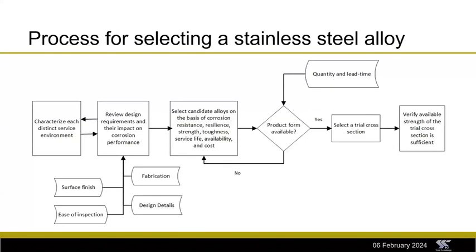So now we get to the issue of how do you know which of these alloys to use for your application? And right, I need to speed up, don't I? I've taken this from our recent guide for the American Institute of Steel Construction, and although it looks complicated, the steps are quite easy.